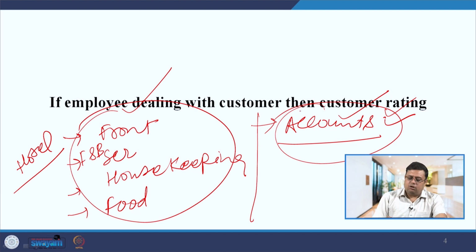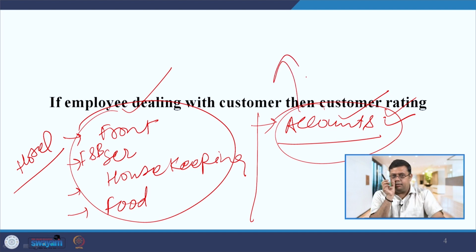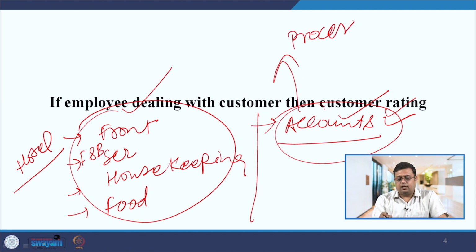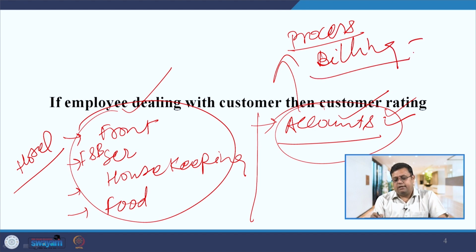But in the case of the accounts department, you can consider the customer rating for the process of accounting. You can ask questions related to the billing. The customer may not be aware which person is doing the billing in the hotel, but the customer has experience of the payment made before check-in and at the time of checkout, and whether that process was smooth or not.